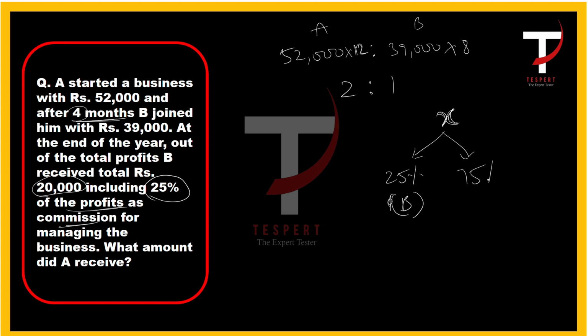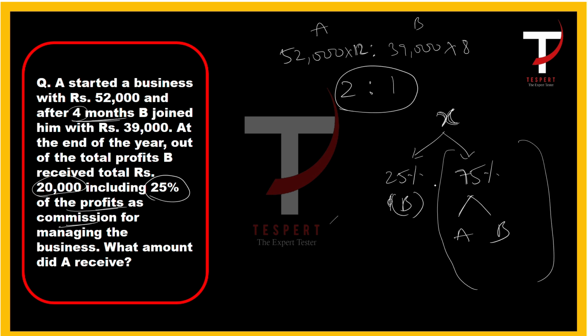What about the 75% of the remaining profit? Well, this is received by both A and B in this ratio, right? So B gets 25% as commission, leave about it. But what about the 75%? B and A are getting 75% in the ratio 2:1.